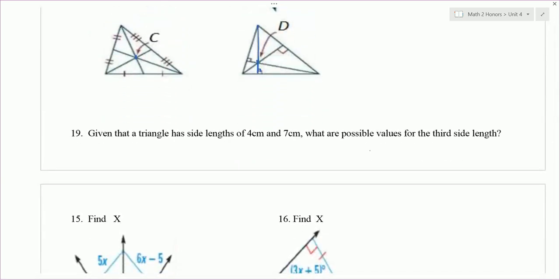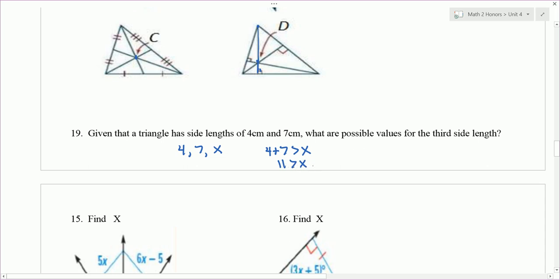19. Given that a triangle has side lengths 4 and 7, what are the possible values of a third side length? So if we let x be that third side length, we have two cases to consider using the triangle inequality. First is that x is the largest of the three. If that's the case, then we need 4 plus 7 to be greater than x. 4 plus 7 is 11, so x must be less than 11.